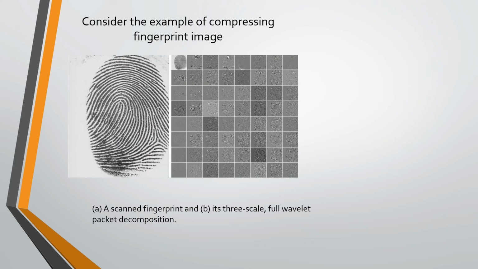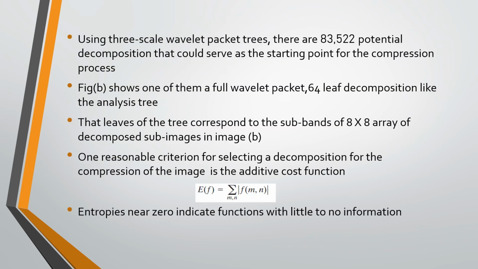Now let us see the example of compressing a fingerprint image. In the first image we see the scanned fingerprint. In the second image we see the 3-scale full wavelet packet decomposition. By using 3-scale wavelet packet trees, there are 83,522 potential decompositions that could serve as a starting point for the compression process.